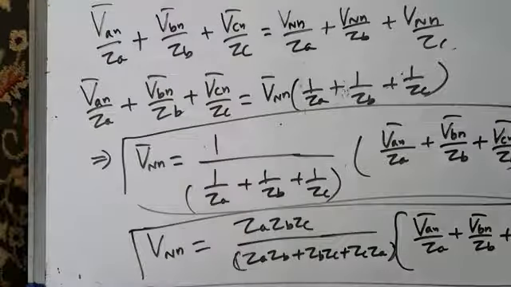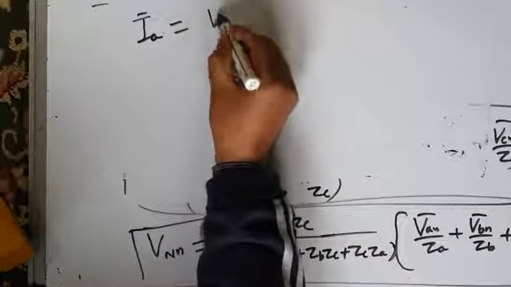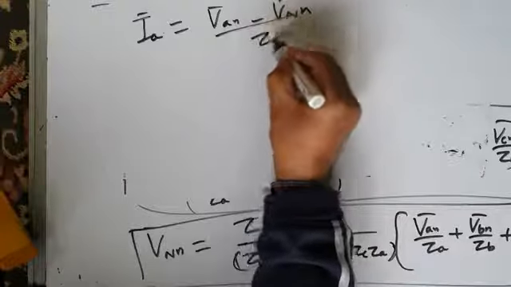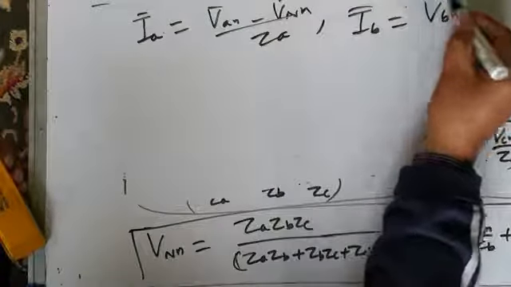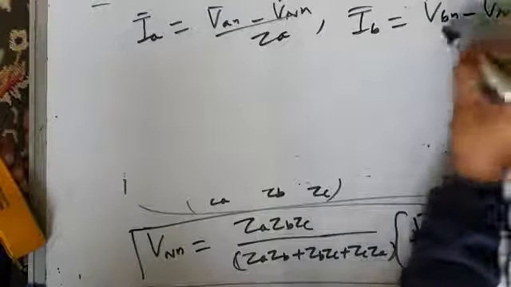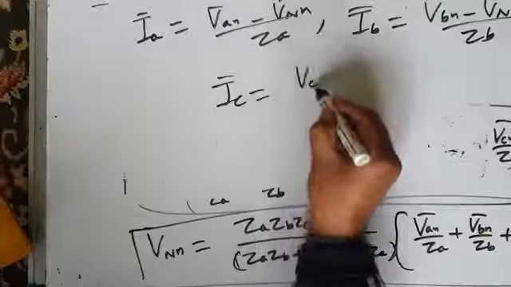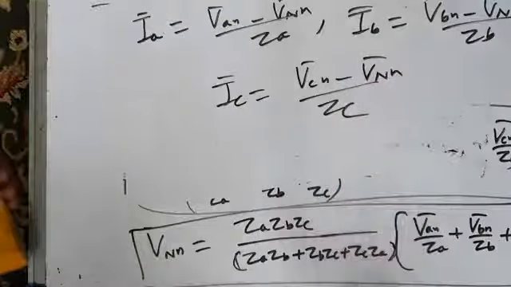And once you know the neutral to neutral voltage, then you can find the line currents. For example, what is line current IA? That is VAN minus VNN by ZA. Line current IB is equal to VBN minus VNN by ZB. And line current IC is equal to VCN minus VNN by ZC.